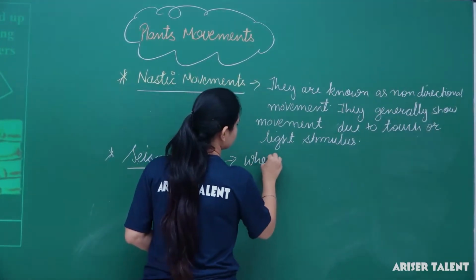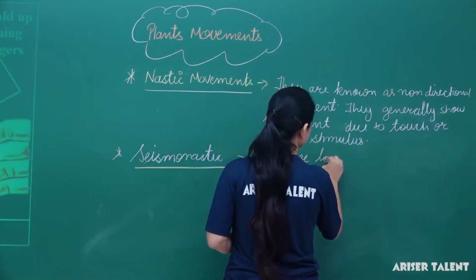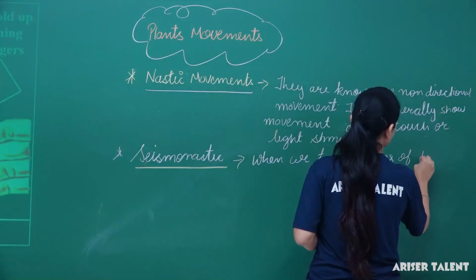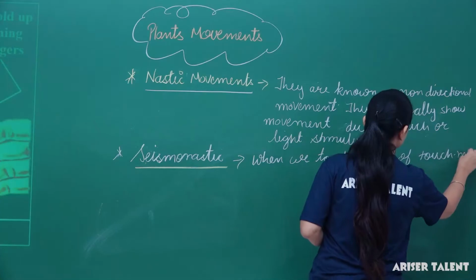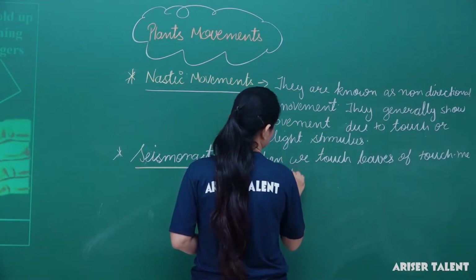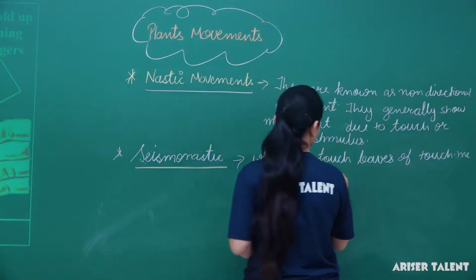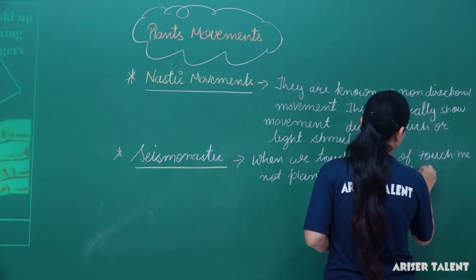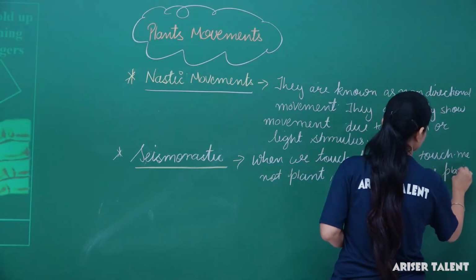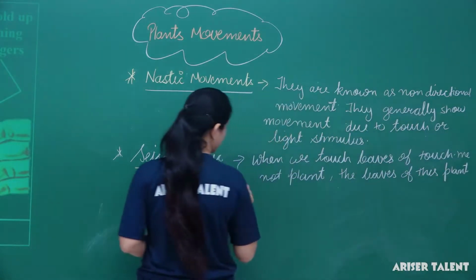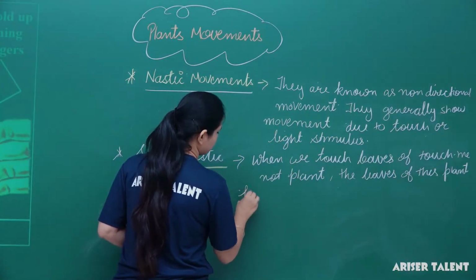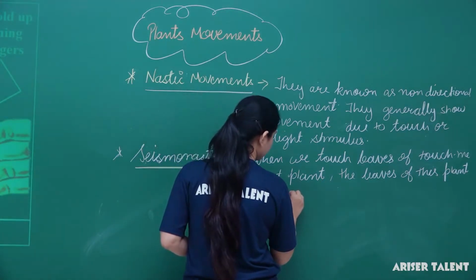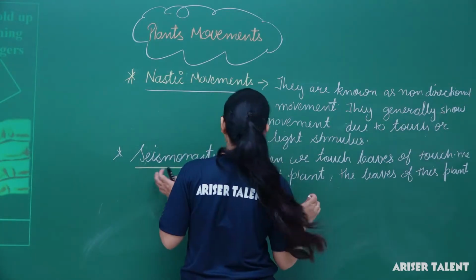When we touch the leaves of the touch-me-not plant, the leaves of this plant fold because of seismonastic movement.